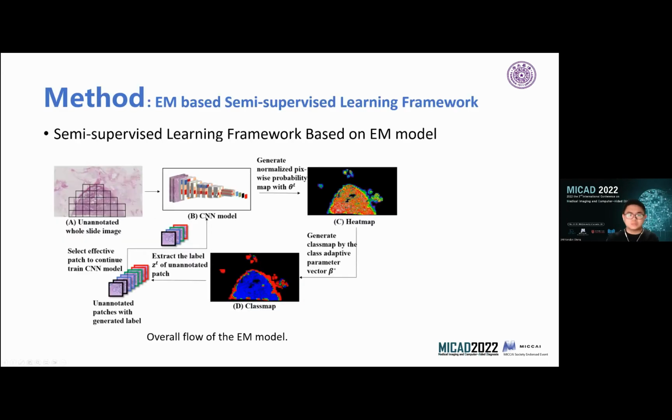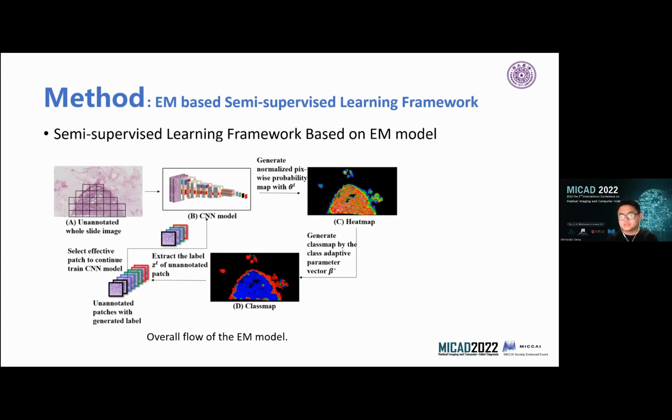Our method is shown here, the overflow of our EM model. In a semi-supervised learning framework, we only have a part of the whole slide image that is annotated. We apply the initial CNN model to produce the probability map P, and then we normalize it to get P norm.